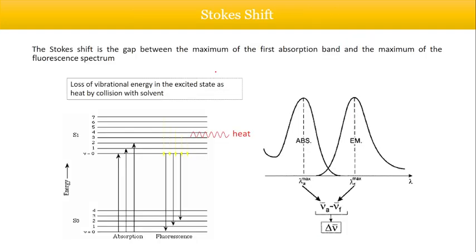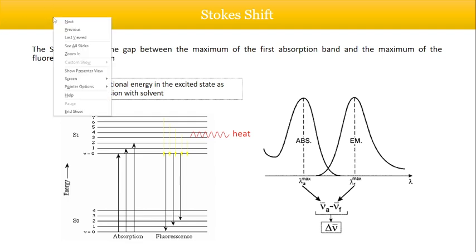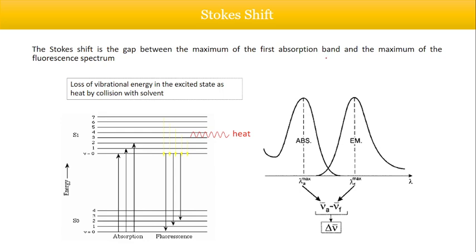Now coming to the Stokes shift. Stokes shift is the gap between the maximum of the first absorption band and the maximum of the fluorescence spectrum. So the difference between this one and this one is known as the Stokes shift.